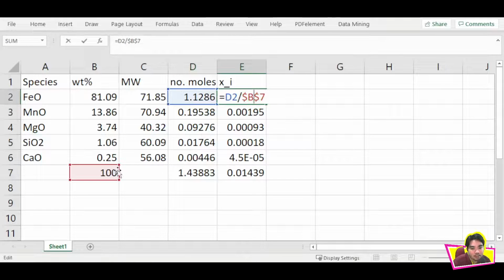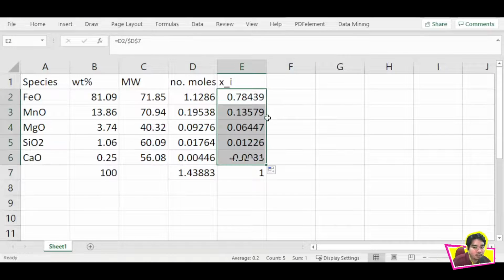Scratch that, no? We should divide by the total number of moles para makuha yung molar fraction. Tama? And this is correct now, no? So this makes a lot of sense now. So ito yung molar fraction for FeO. Ito naman sa MnO, MgO, SiO2, and CaO. And if we add all of that, we should get the total, and this is for the slag, equal to dapat to 1. Okay? So tama na to. So we have these values.